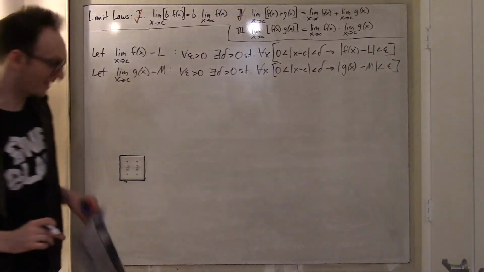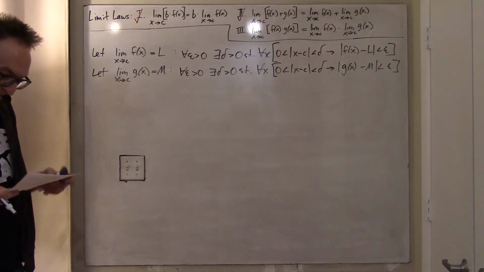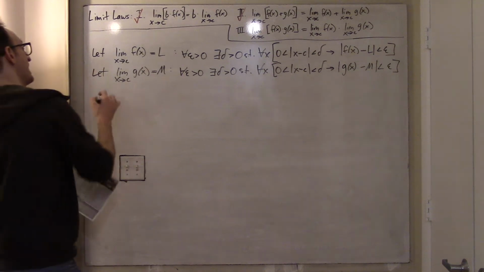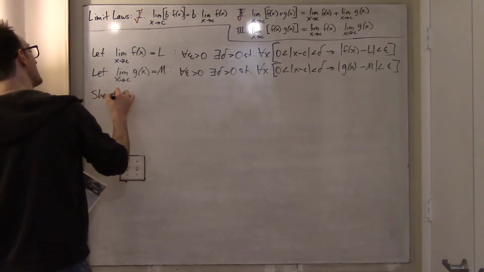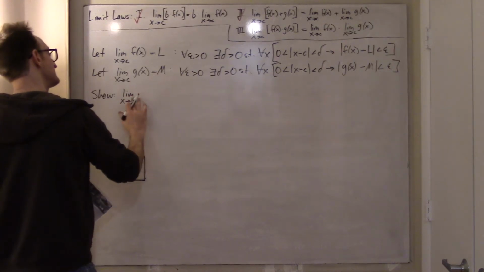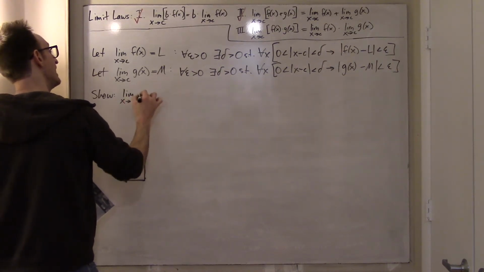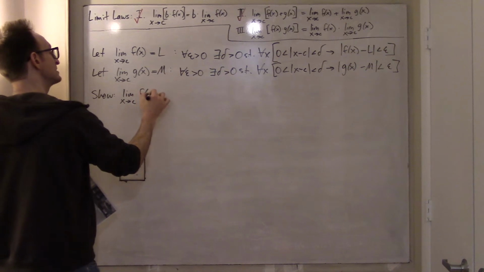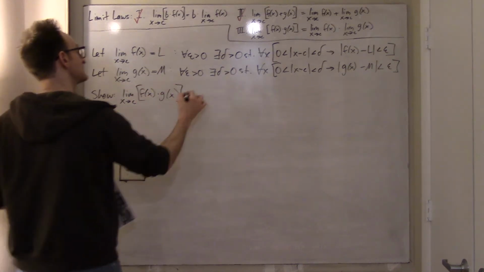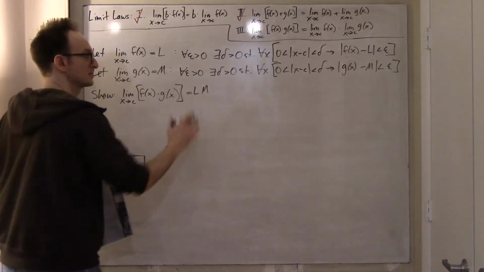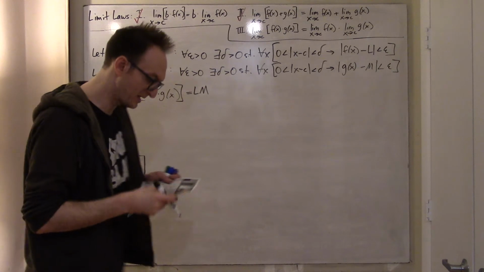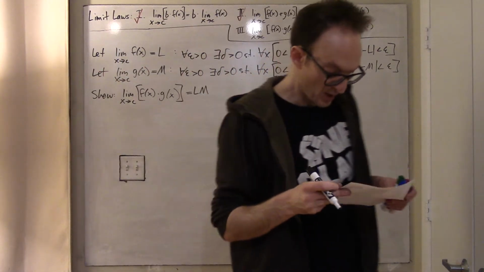Okay, so this is all just background. Haven't done anything yet. What am I trying to actually prove? I'm trying to show that the limit as x approaches c of the f times g function is just Lm. That's what I need to show. Okay, so why should that be true?